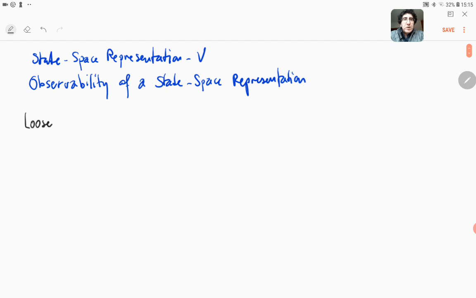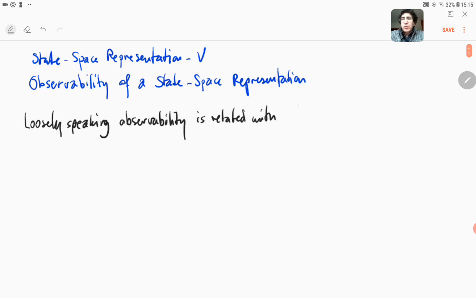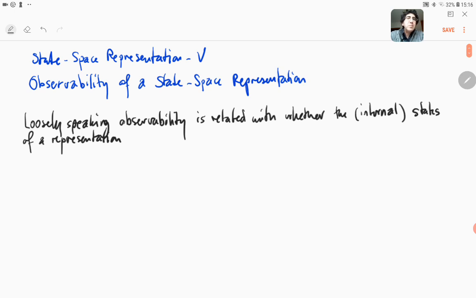So loosely speaking, observability is related with whether the internal states, supposing that they are not visible directly to the outside, whether the states of a representation, sometimes people say states of a system, but strictly speaking, this is not correct, because for a given system, there might be infinitely many state space representations, each with its own definition of the states.